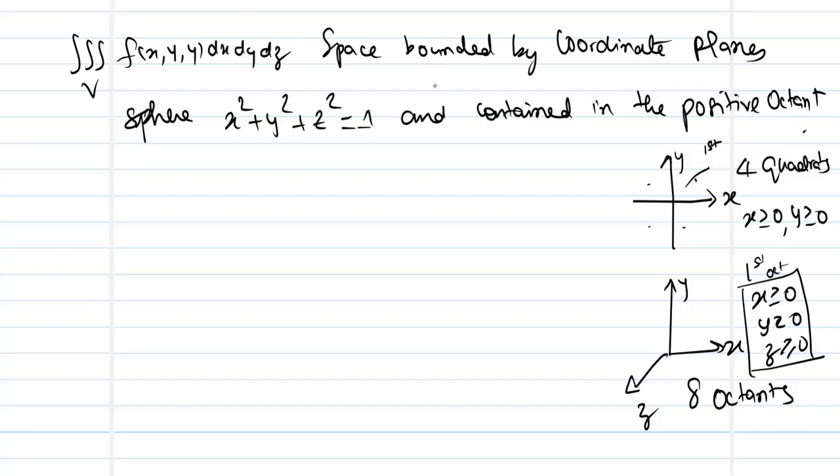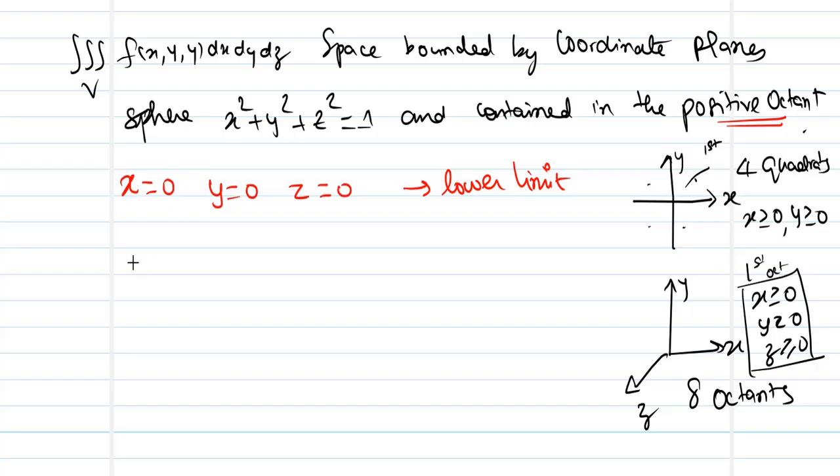So now they say the space is going to contain the sphere in the first octant or the positive octant. So whenever we have been given this word positive octant, we now have the limit as x equal to 0, y equal to 0, z equal to 0 for your positive octant as the lower limit. So this becomes the lower limit. And how about the upper limit?